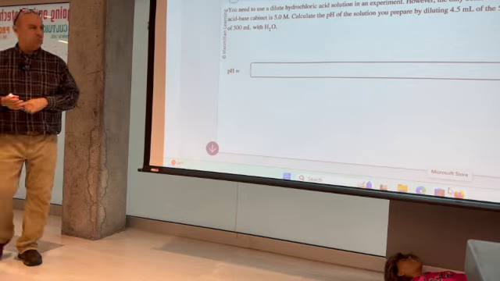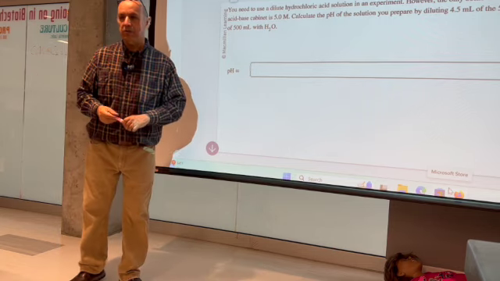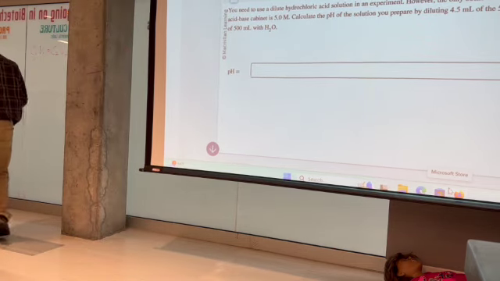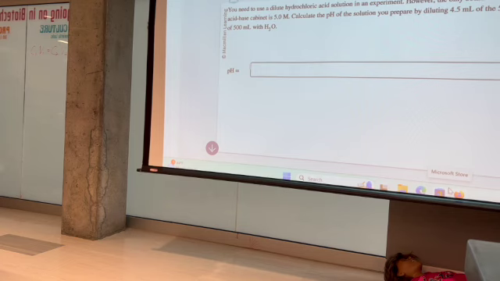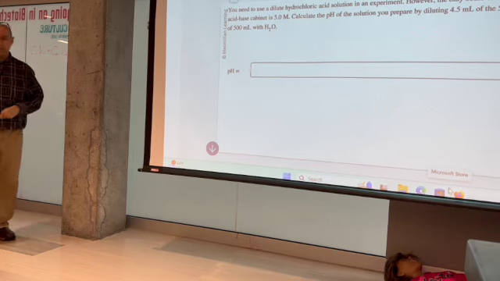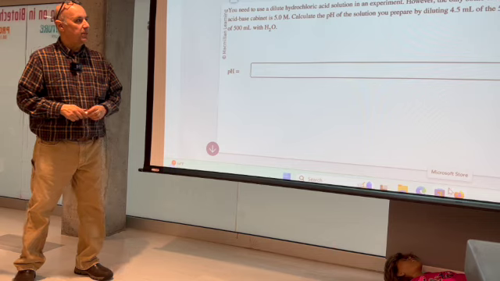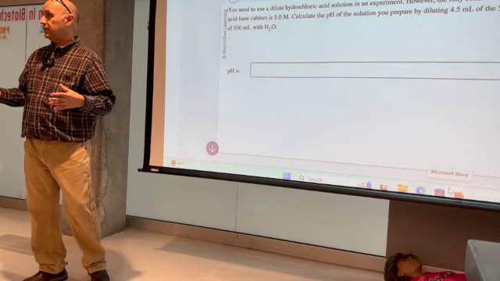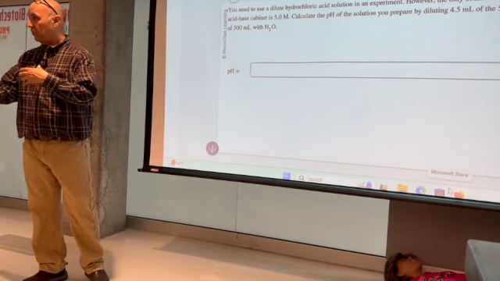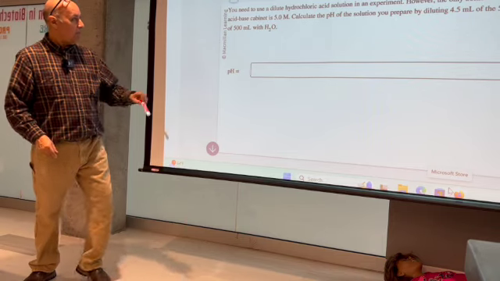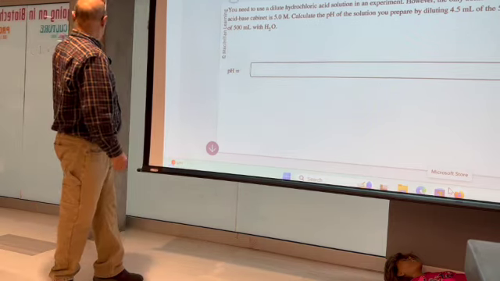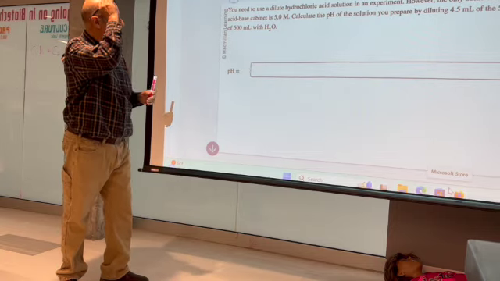So I put 1 and 2, but initial and final work just as well. This idea of proportionality is important. If we start solving here, we're going to see that, of course, as you increase the volume, the concentration decreases. As you increase the concentration, something happens to the volume. But we need to take a look at this problem, remembering that.